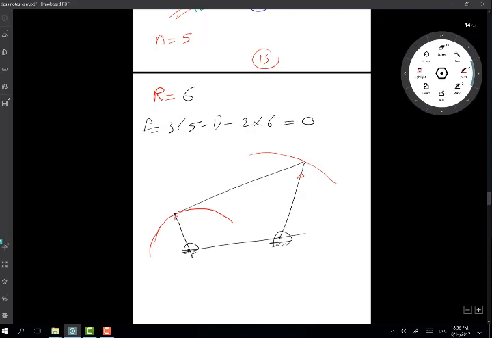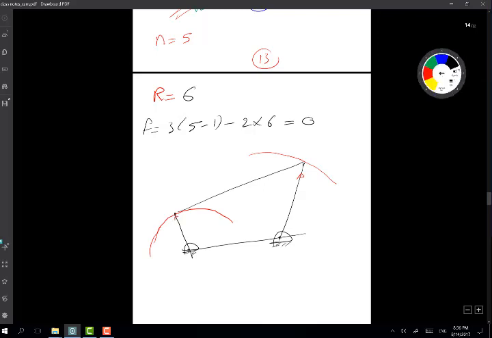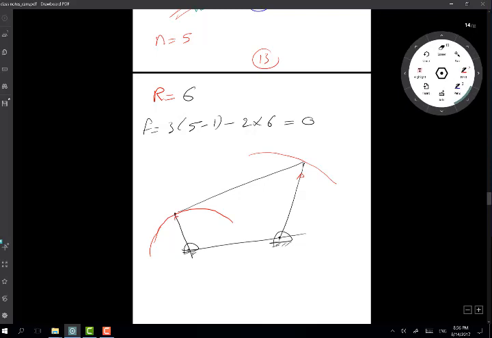And I'm going to add link number 5. This is link number 5 here. So if motion is going to happen, because we assume all links rigid, link number 5 is also going to follow a circular motion about this center, right? So now assume motion is going to take place.